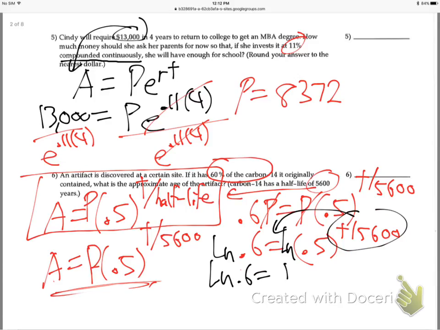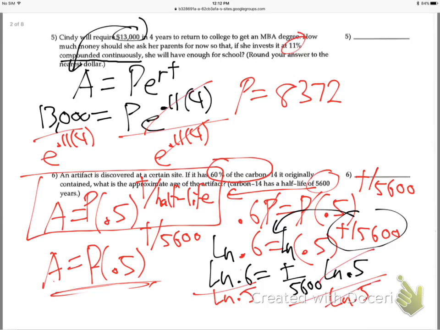Ln 0.6 is T over 5,600 times ln 0.5. Good so far? That whole power dropped down to the front, didn't it? All right, how do you get T alone? Just divide and multiply. So divide by the ln 0.5.